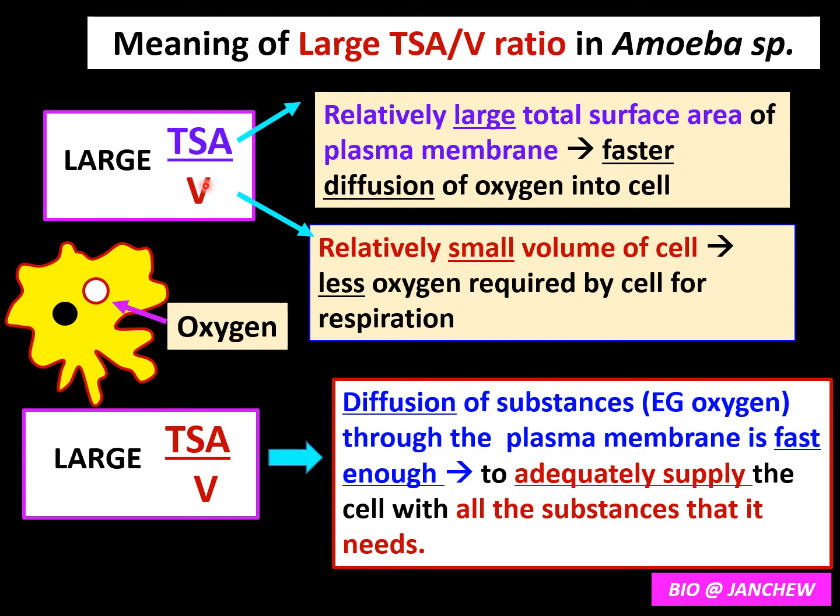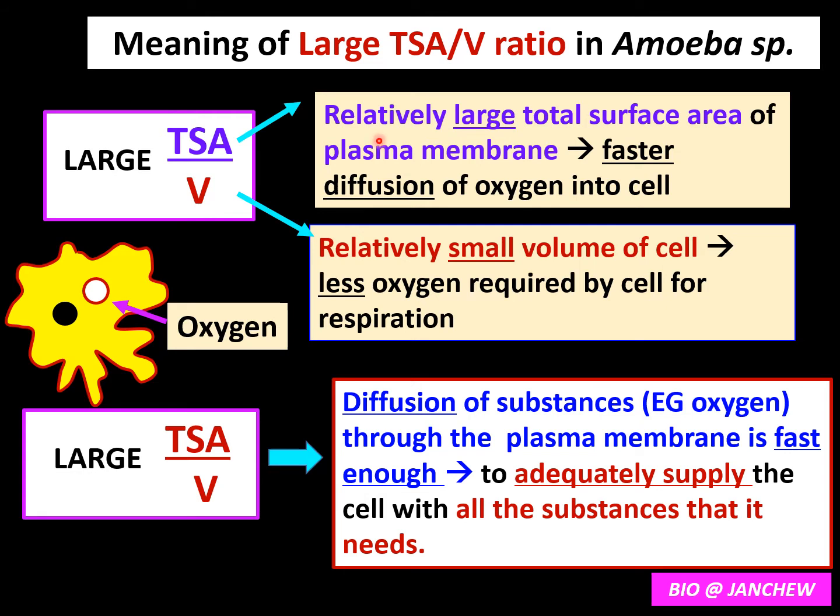Okay, so a large total surface area per volume ratio means that the total surface area, for example, in amoeba, is the total surface area of the plasma membrane that is in contact with the environment that contains oxygen. So it means that the total surface area of the plasma membrane is relatively large compared to the volume.